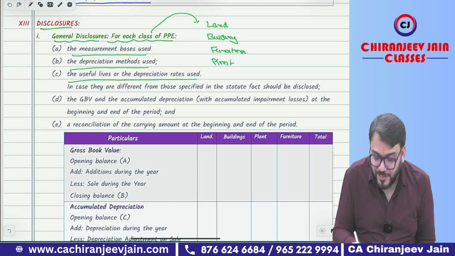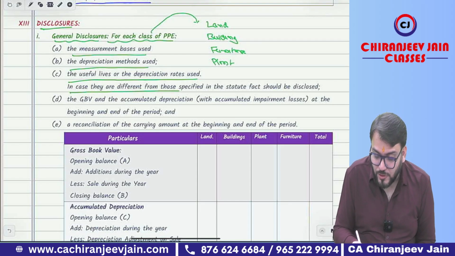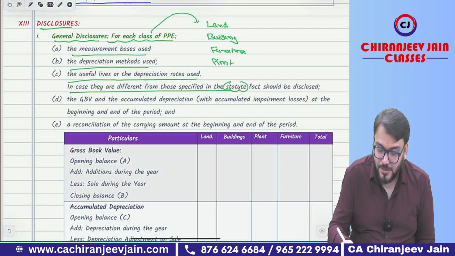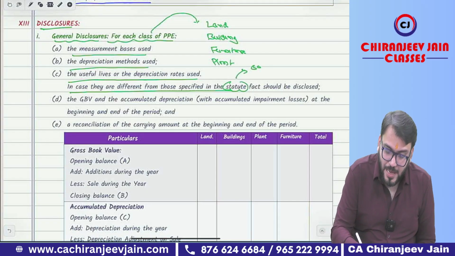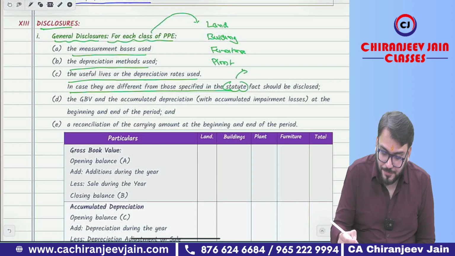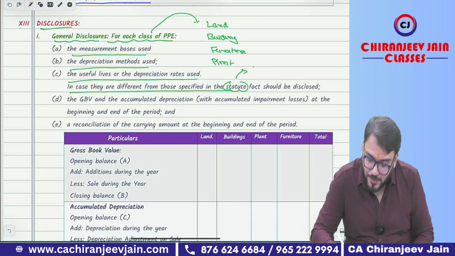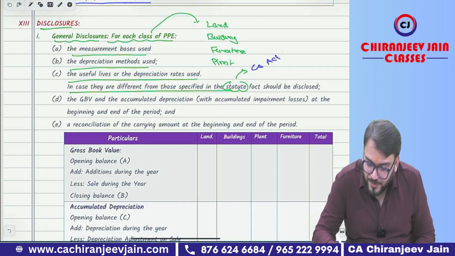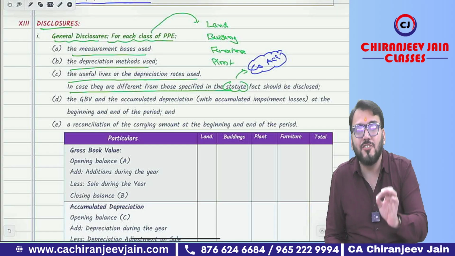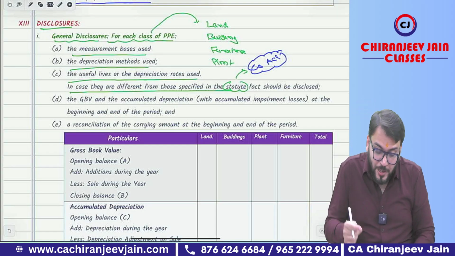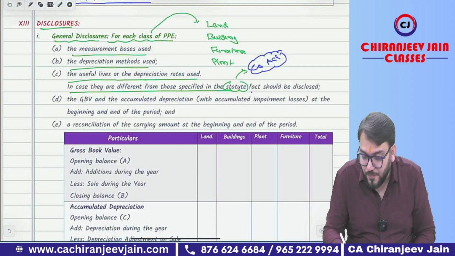Useful life or depreciation rate used, in case they are different from those specified in the statute, means the Companies Act. The Companies Act has specified some useful life and rate of depreciation for many classes of assets. In Schedule 2 of the Companies Act, useful life of each class of PPE has been already mentioned. So if you are using useful life or a depreciation rate other than which has been specified in the Act, then the fact needs to be disclosed.